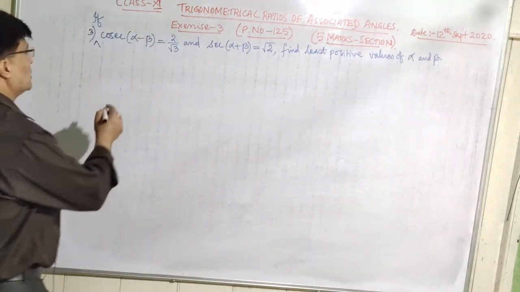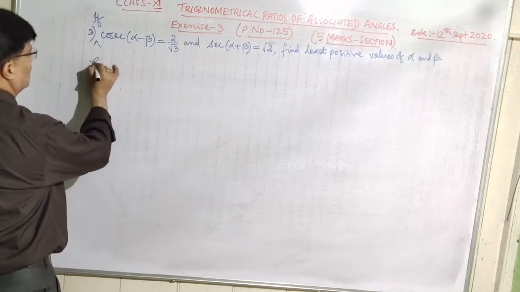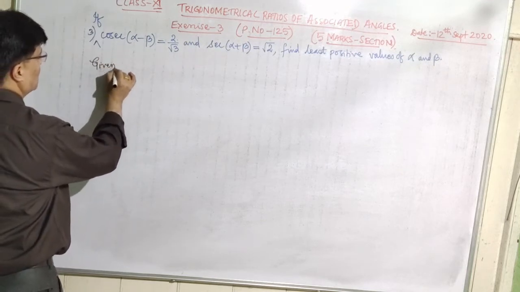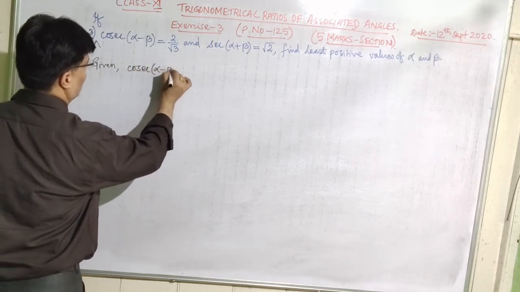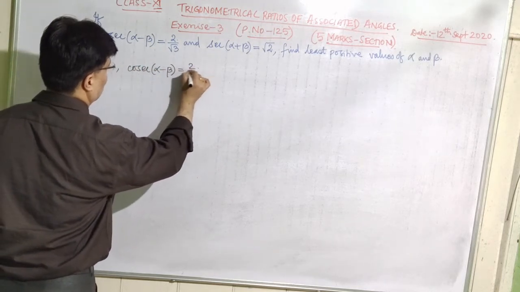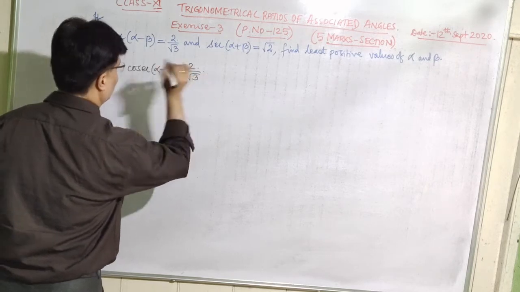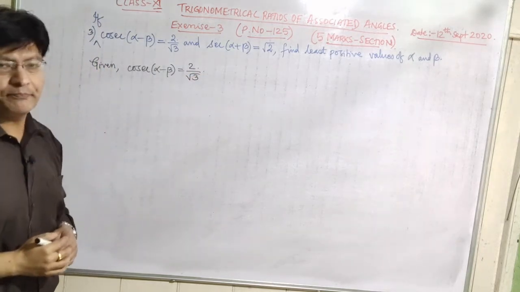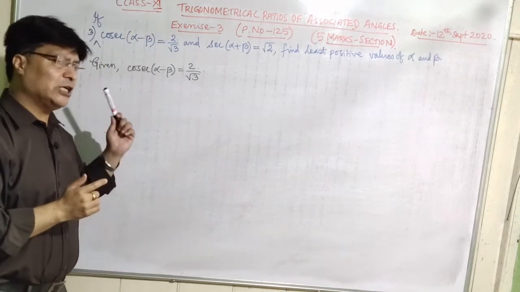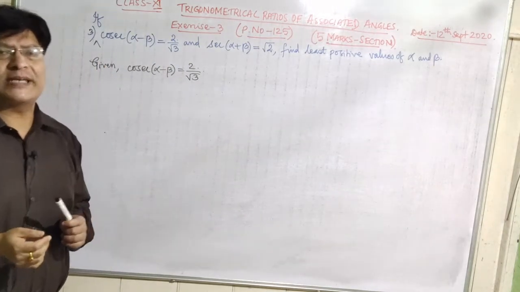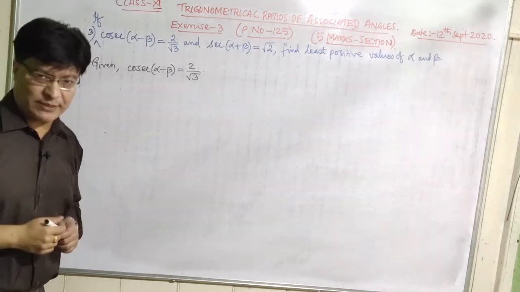Okay. So let us write here given. Here given is cosec(alpha minus beta) is equal to 2 by root 3. But if you convert this cosec into sine, it will be easier to calculate the value for alpha minus beta.